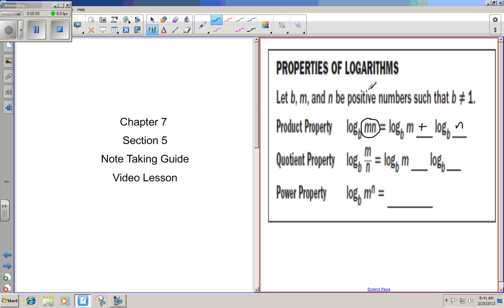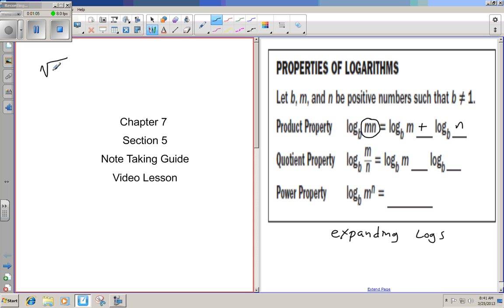This is called expanding logs. And hopefully it should make sense, because do you remember the square root of AB can be rewritten as the square root of A times the square root of B? You can break multiplication up. It's somewhat similar to that, but instead of multiplying, you actually are adding.